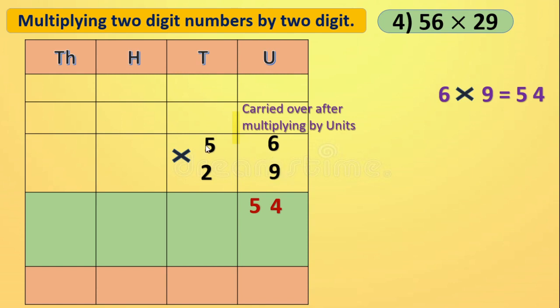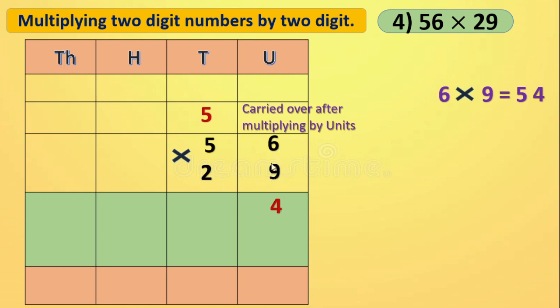Okay, see here 56 multiplied by 9. We get 54 and double numbers we will get. Then the carried over numbers we will write in this row, first row. Okay, see here 6 9s are 54, right? 4 will remain here. 5 will move to tens place, correct? So we will write here. See, this is carried over after multiplying by units. Okay, now see here.